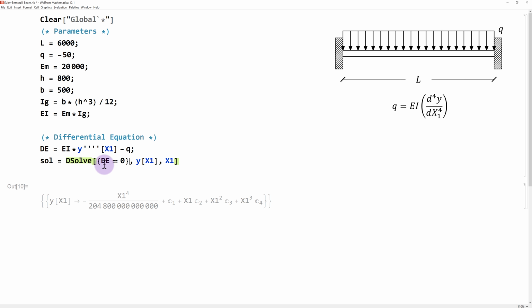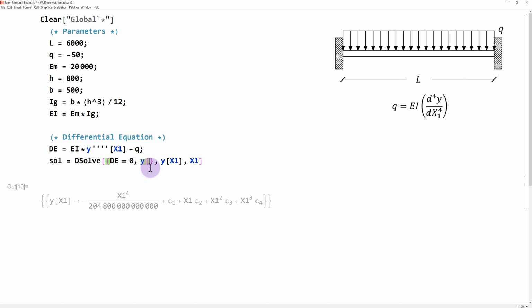So instead of just DE equal to 0, I put in squiggle brackets, DE equal to 0, and because of that, I'm able to add additional arguments. So I can go DE equal to 0, that's my differential equation equal to 0, but then I can go comma, and add in my boundary conditions. Again, one of the first ones is that the deflection at both ends of this beam must be equal to 0.